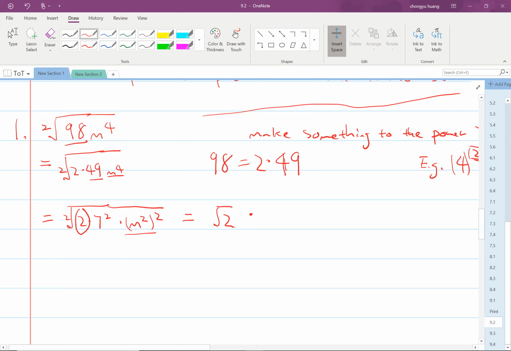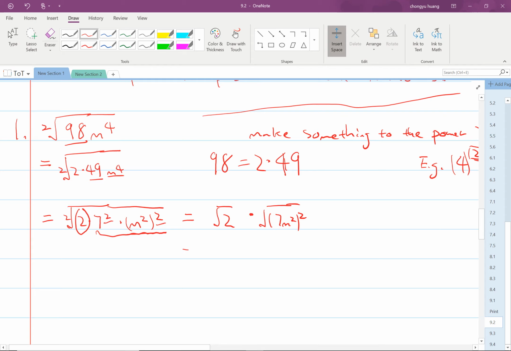And we have this part, so we can make it a square. You can see we have a square here and a square here, so you put the power 2 outside of the bracket and write 7m squared.